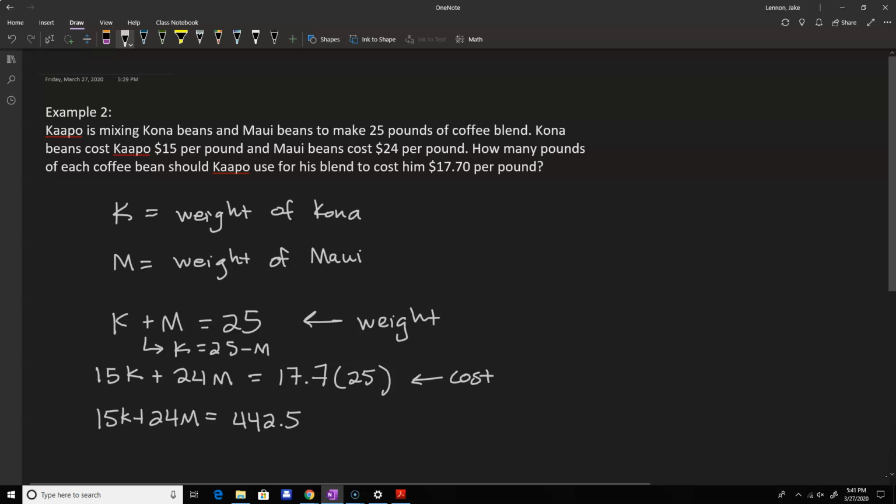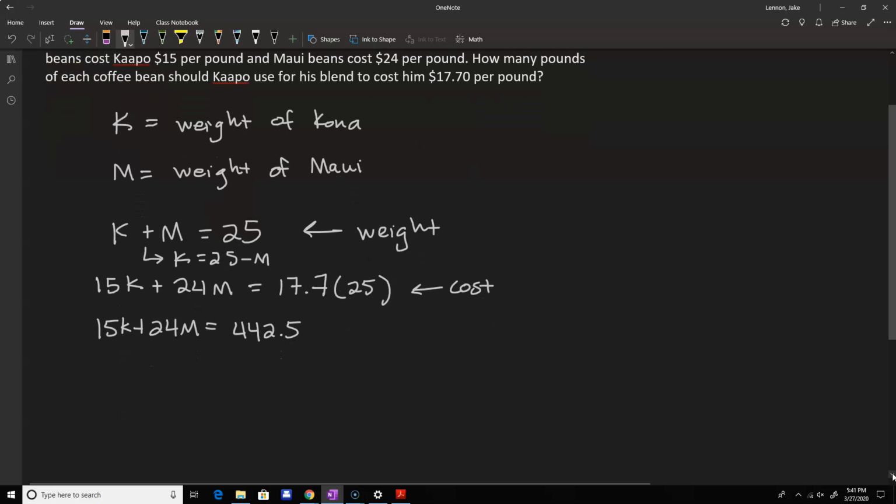So what we do is we take K and replace it by 25 minus M in parentheses. So we have 15 times the quantity 25 minus M plus 24M equals 442.5.